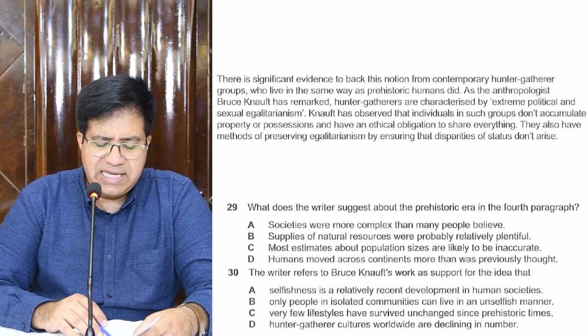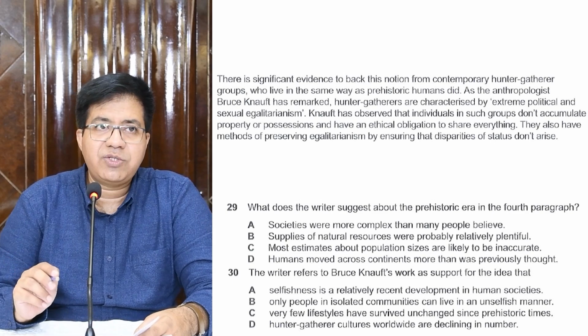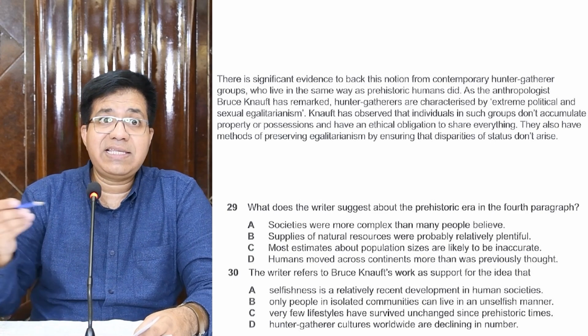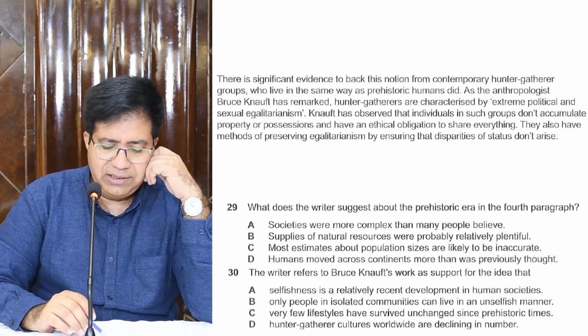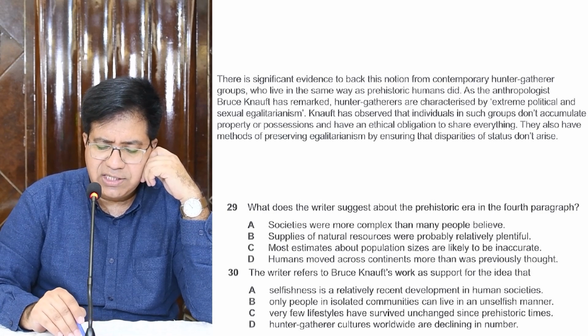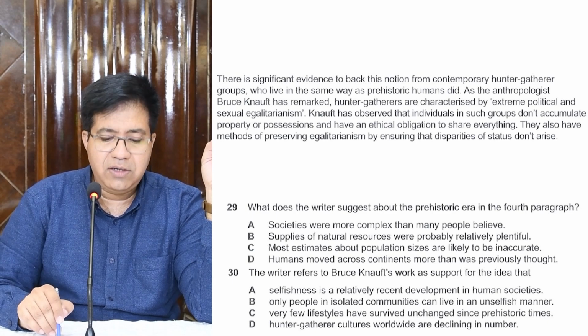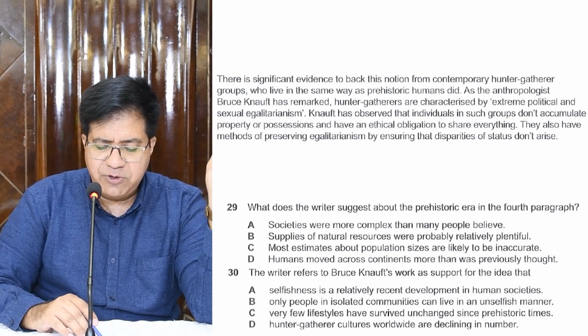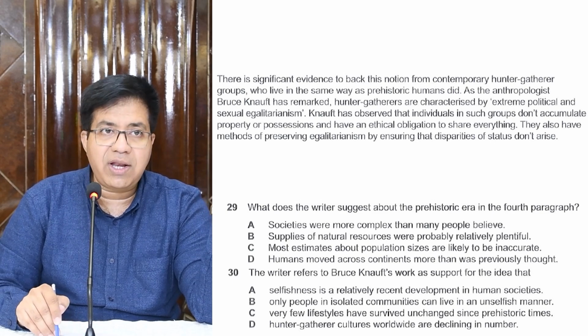Option A. Selfishness is a relatively recent development in human societies. He says at that time people were not selfish, equality and all that. Option B. Only people in isolated communities can live in an unselfish manner? No. Option C. Very few lifestyles have survived unchanged since prehistoric times?